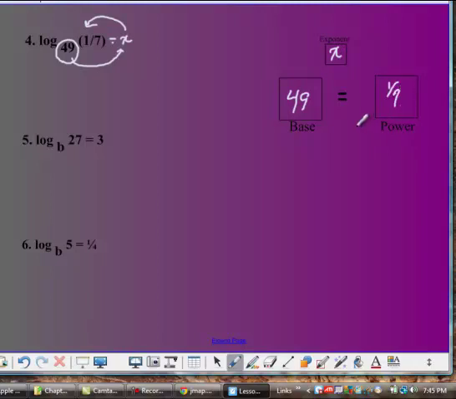And if I wanted to solve this, I would have to say, 49 raised to what power gets me 1/7? Well, I know 49 raised to the 1/2 power gets me 7, because the square root of 49 is 7. So I guess if I had to solve this, x would be negative 1/2.